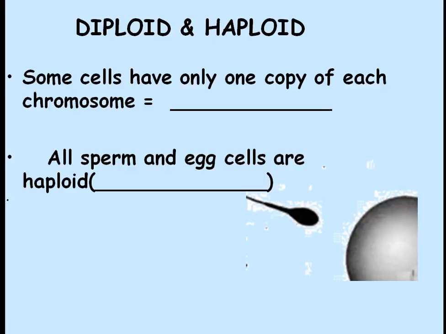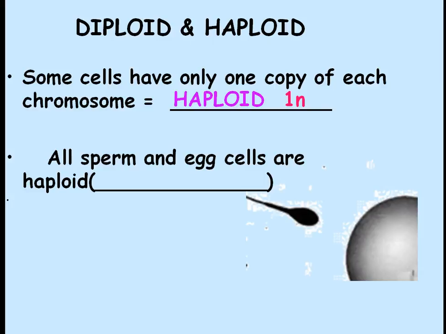Okay, now the other type of cells are called haploid cells, and haploid, think about the word haploid. It kind of sounds like half. So haploid has half the number of chromosomes, or 1N. Remember, if you think of diploid, di meaning 2, so 2N. So half of 2, 1.